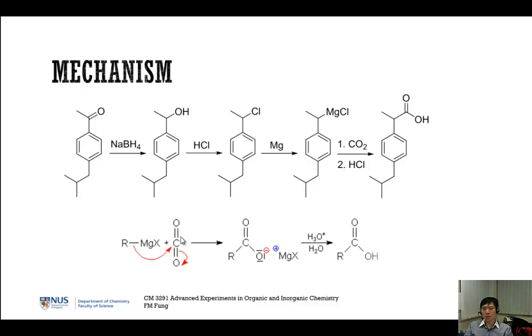This is electron deficient because of the 2 oxygen that polarize this bond. Break the pi bond, push to the O gets negative charge, counter ion is MgX plus, you stabilize it for a while, and that's why you add the acid, so that you can protonate the conjugate base of the final carboxylic acid. You get back this COOH.